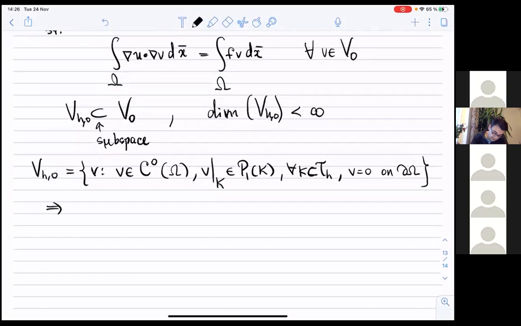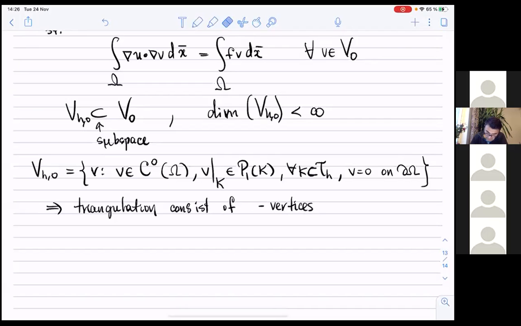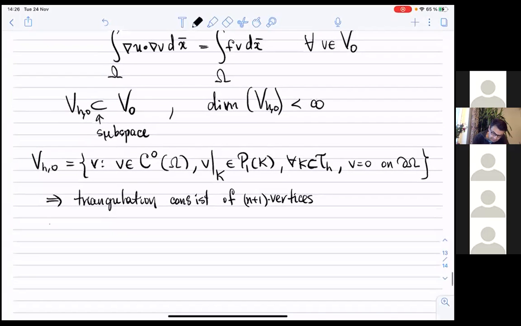So if the triangulation consists of n plus 1 vertices, because we start the numeration from 0, so from 0 to n, it's going to be n plus 1 vertices, then the dimension of this V_h0 is n plus 1.